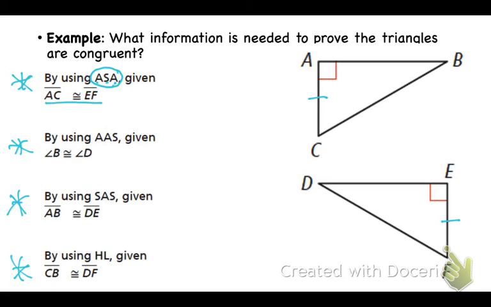I have an angle, a side. I need what angle? C, right? And then I have an angle, a side. What angle do I need? F. So I need to know that angle C is congruent to angle F. So are these exactly like what you've been doing? Yes.